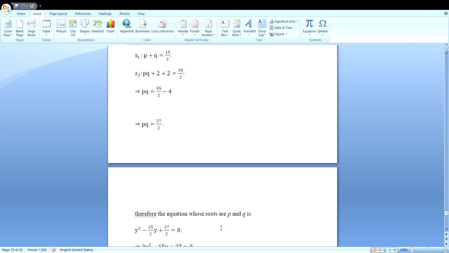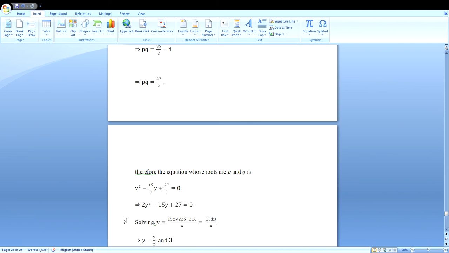Therefore, the equation whose roots are P and Q is y square minus sum of the roots, 15 by 2 y, plus product, 27 by 2, equal to 0. This implies 2y square minus 15y plus 27 equal to 0.